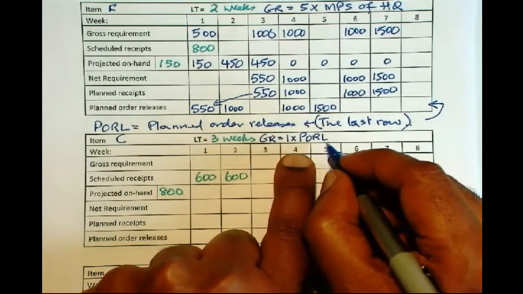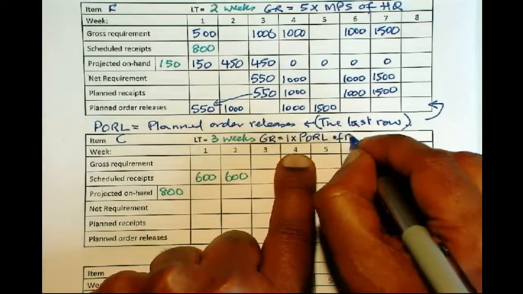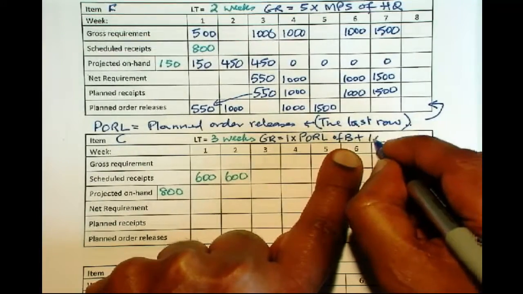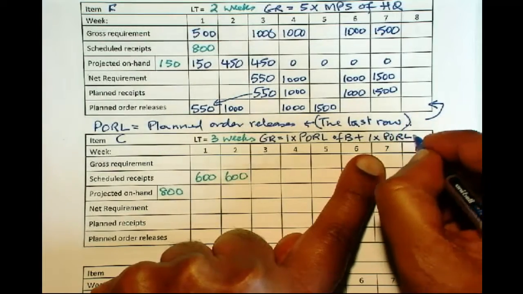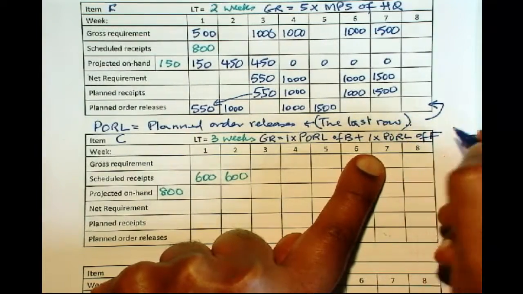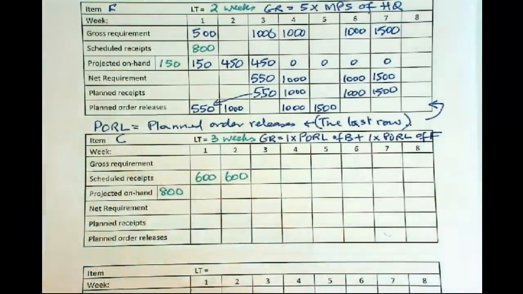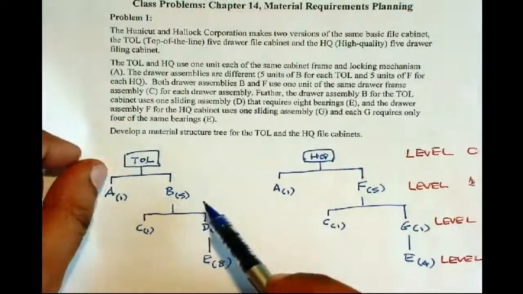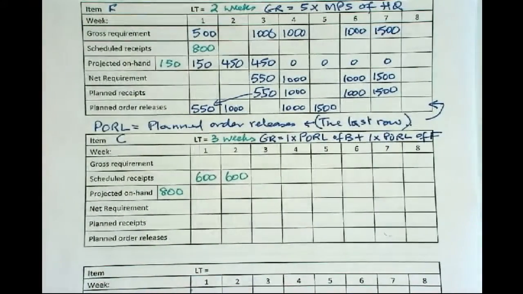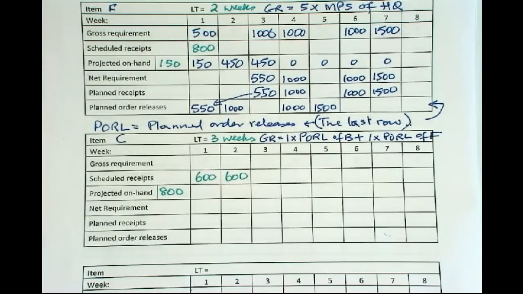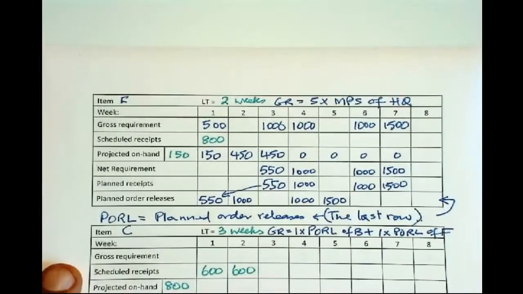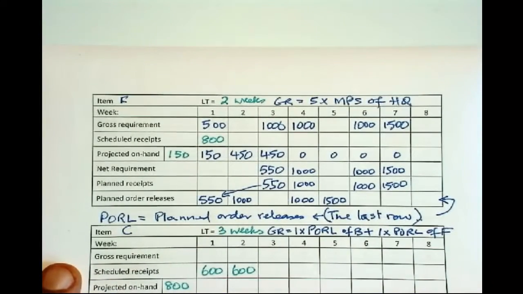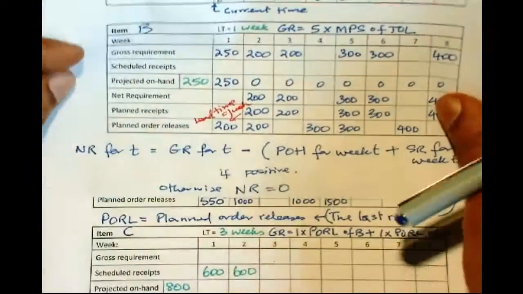So 1 times PORL of B plus 1 times PORL of F. That will give us the gross requirement for C. So you have to look at B and F.